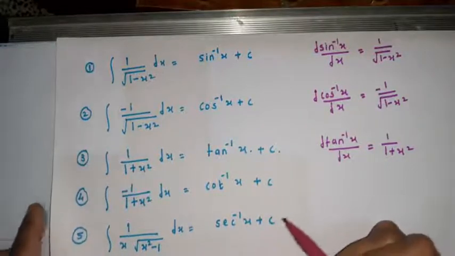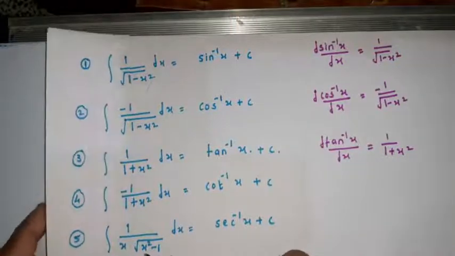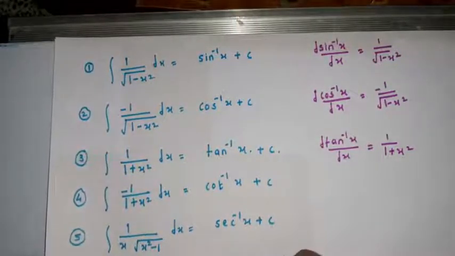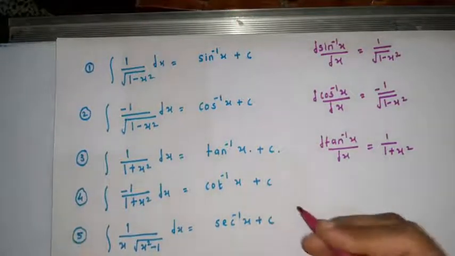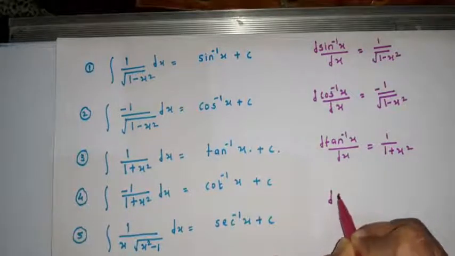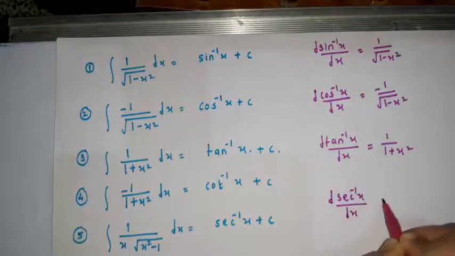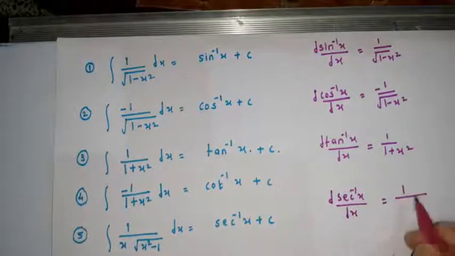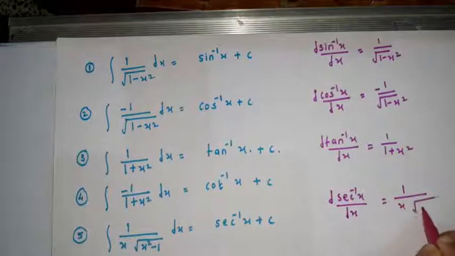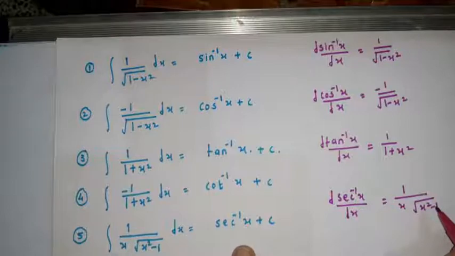And the last formula, that is integration of 1 upon x into square root of x square minus 1 with respect to x, is sec inverse of x, because differentiation of sec inverse of x with respect to x is 1 upon x into square root of x square minus 1, and its integration is sec inverse of x.